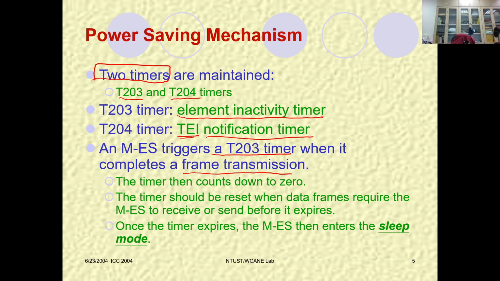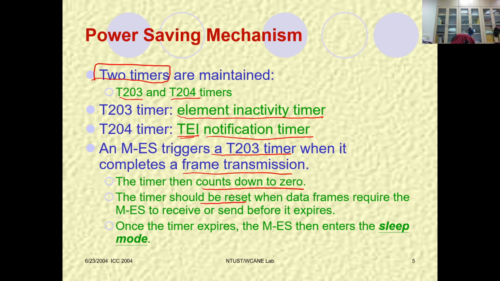Reach timeout means counts down to 0. But right now we need to count when we can reach 0, reach the timeout. And the timer should be reset.